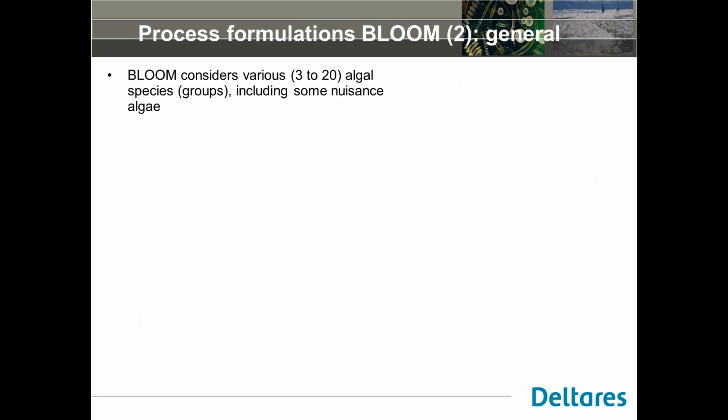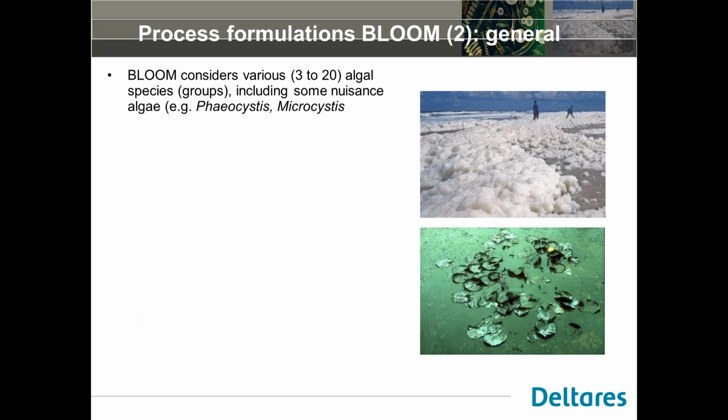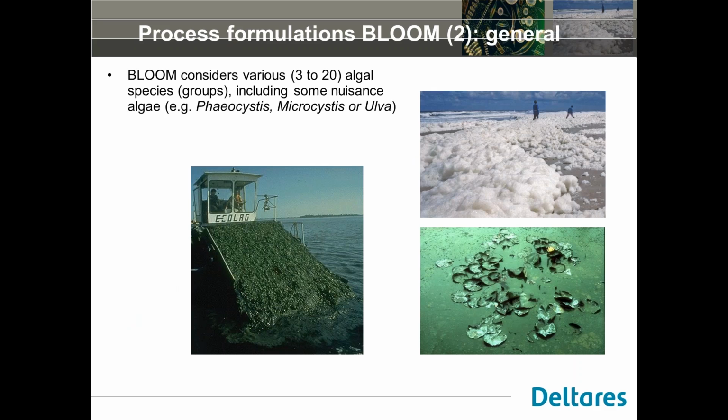Bloom considers various, something between 3 and up to 20 algal groups, including some nuisance algae such as Phaeocystis, Microcystis, or Ulva, sea lettuce.